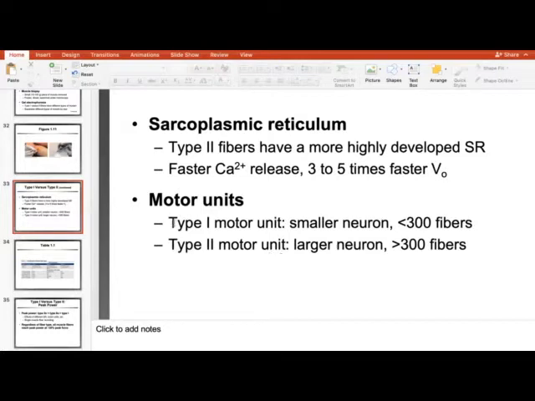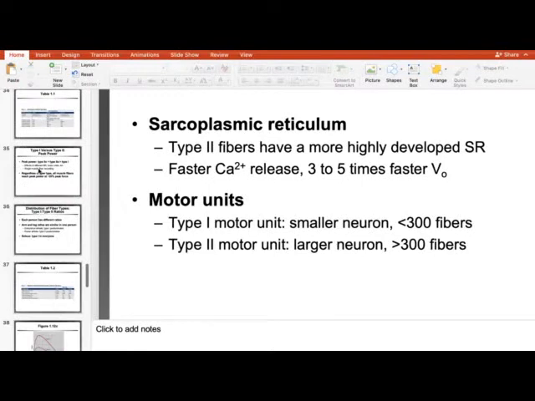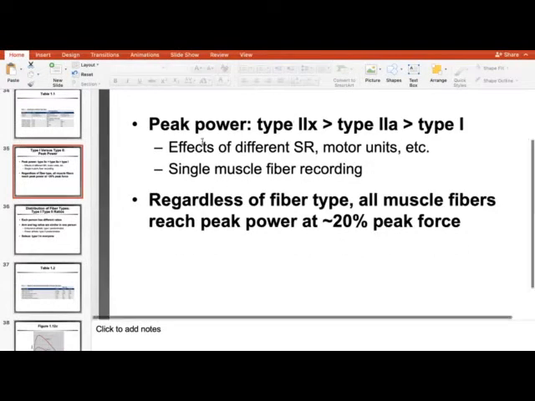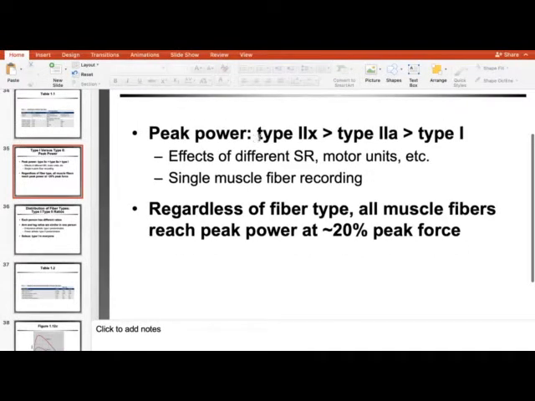So the motor units in type 1 muscles are typically smaller, and therefore they're going to fire first, but not provide as much power. And because of that, the peak power of your type 2X muscle fiber types is going to be greater than your type 2A muscle fiber types, and those are all going to be greater than your type 1 muscle fiber types.